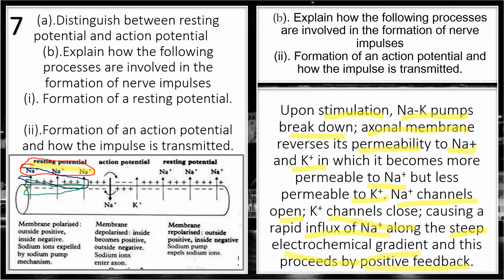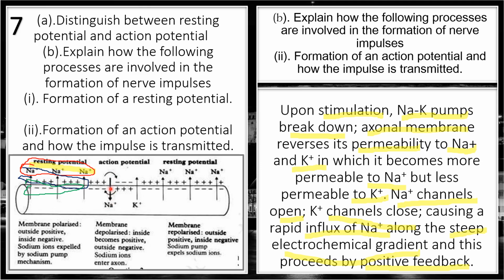But when there is an impulse, that means the sodium gates are going to open and the membrane will become more permeable to sodium, allowing more sodium to enter inside.